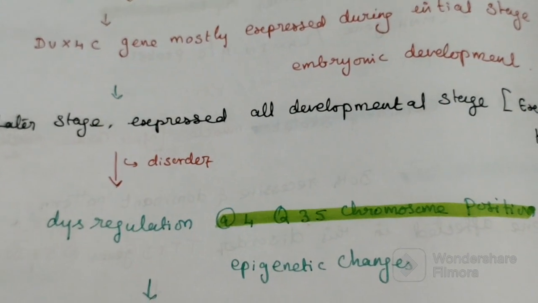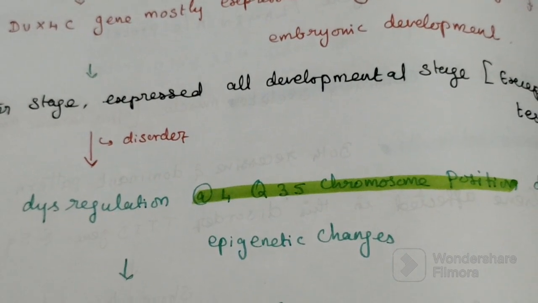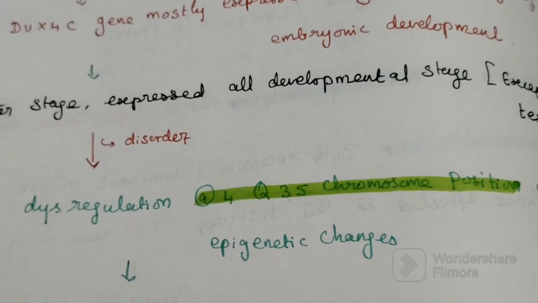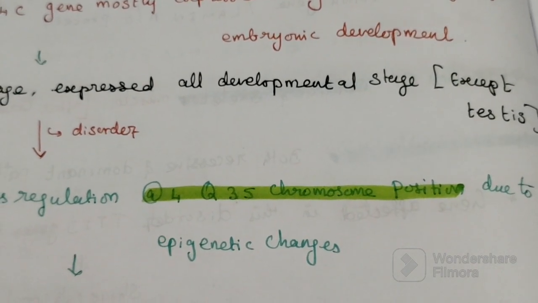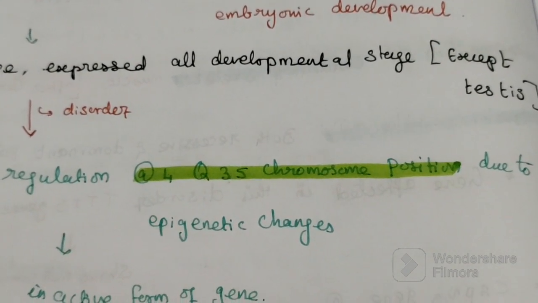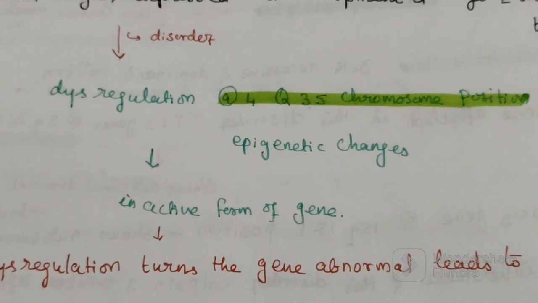But in this disorder, dysregulation at 4q35 chromosome position due to epigenetic changes turns the gene on.